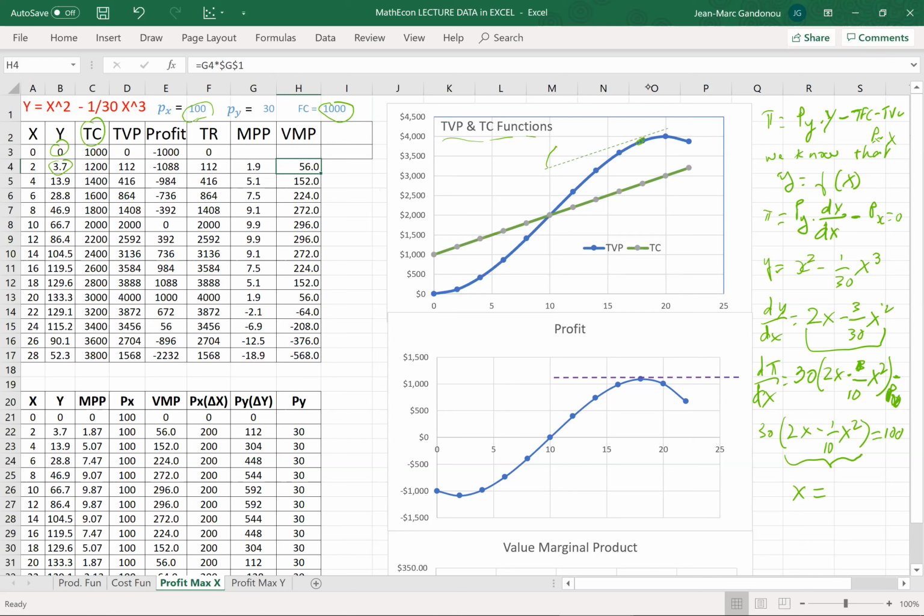If you come down, it will give us, I think, 18.2. I will double check maybe somewhere.